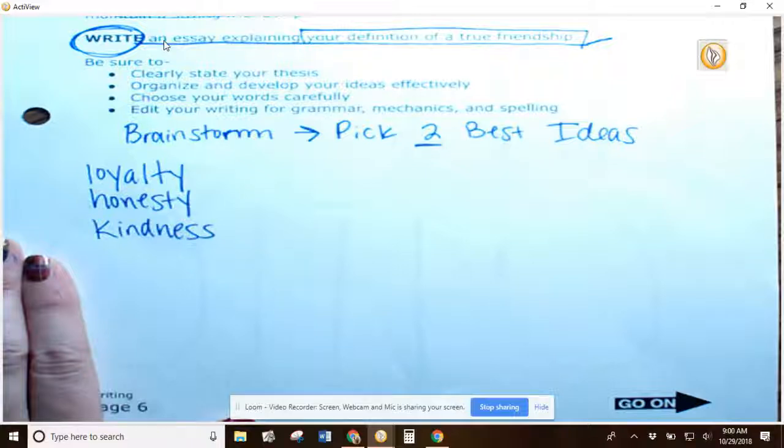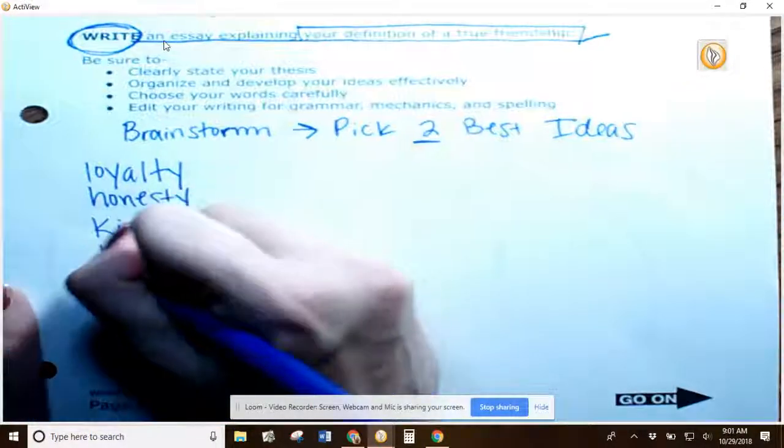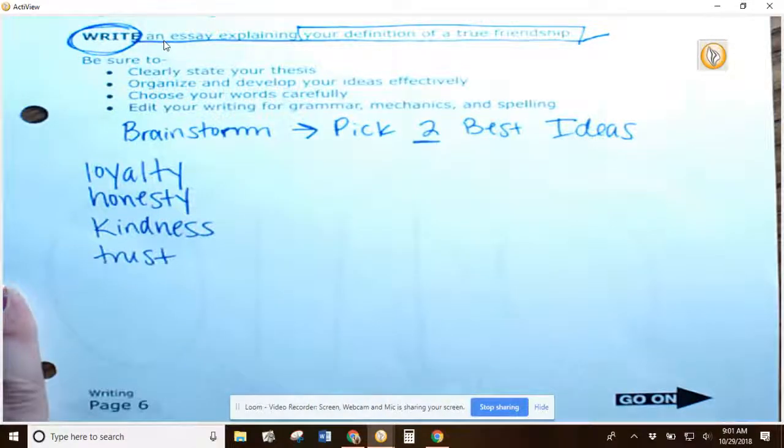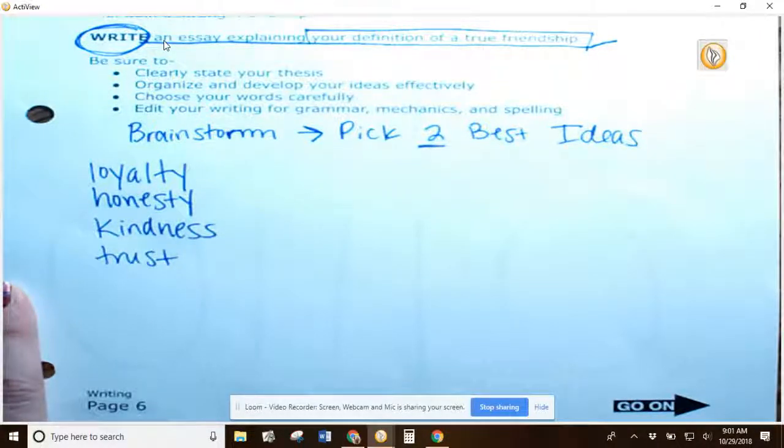What else is part of being a true friend? What do you expect from your true friends? What do you hope that you as a true friend are to other people? What do you expect from your friends? Loyalty, honesty, kindness, trust. There's got to be more.